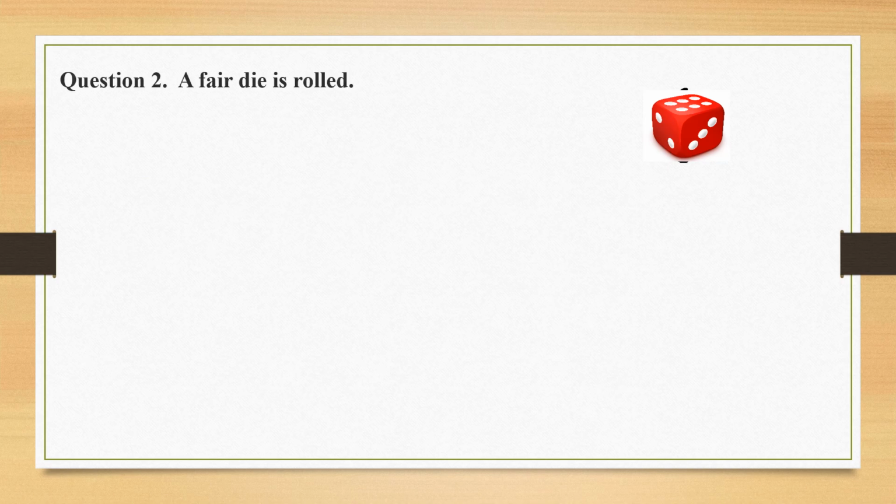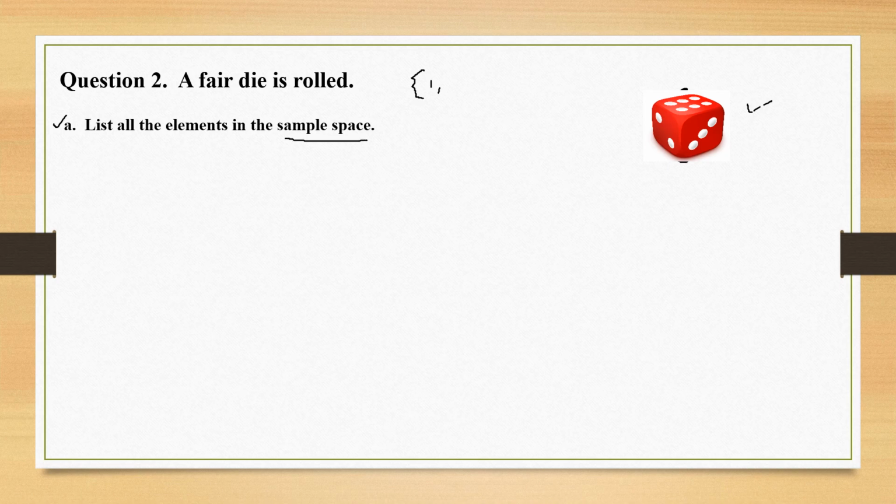Now my dear student, in this question, when a fair die is rolled, this is the picture of the die. In part A, list all the elements in the sample space. Sample space means that we have to write down all the possible outcomes.